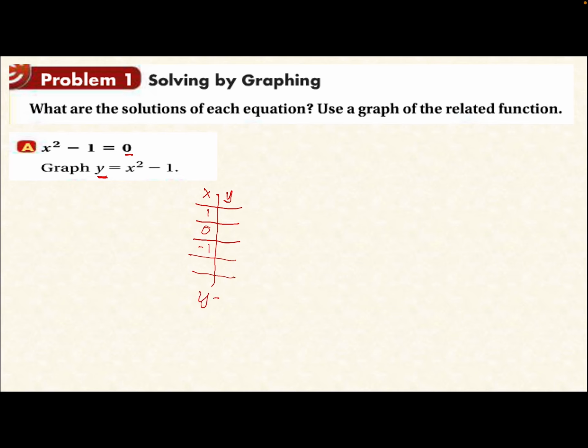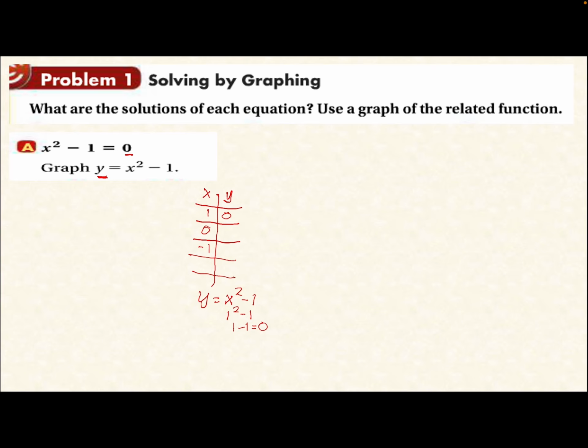Y equals x squared minus 1. What is the value of y if x is 1? So you have 1 squared minus 1. 1 times 1 is 1, minus 1, so that is equal to 0. Therefore, the value of y is 0 if x is equal to 1.